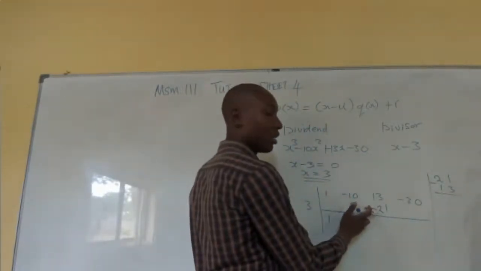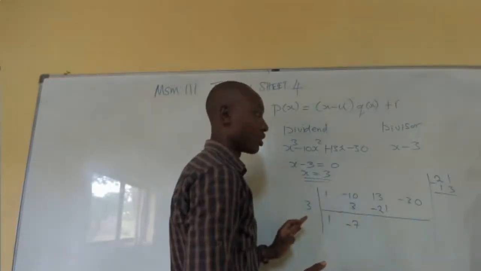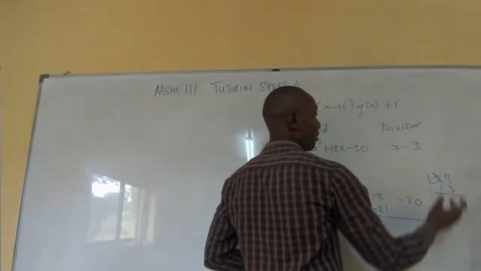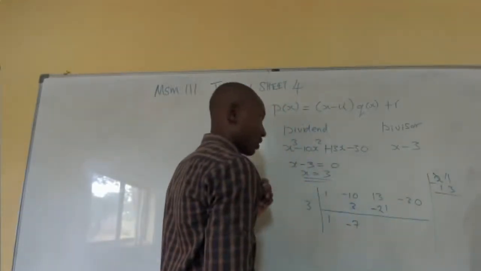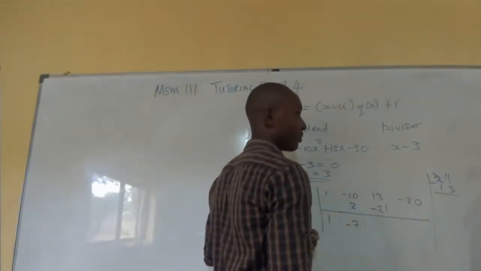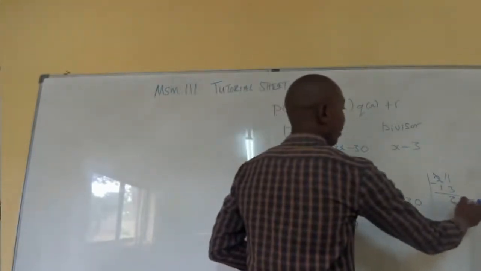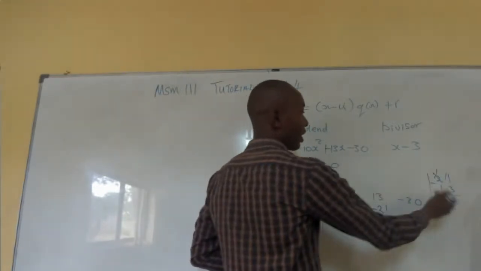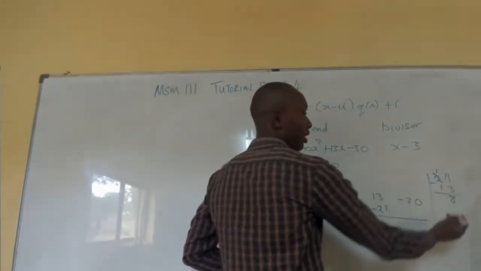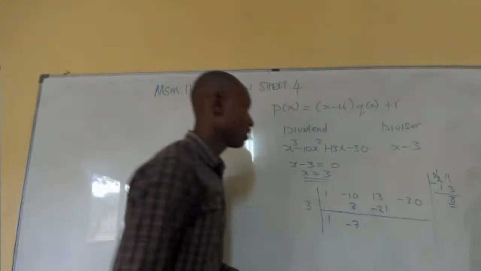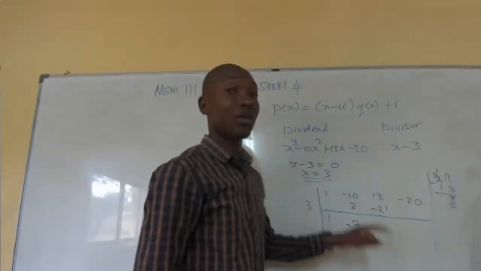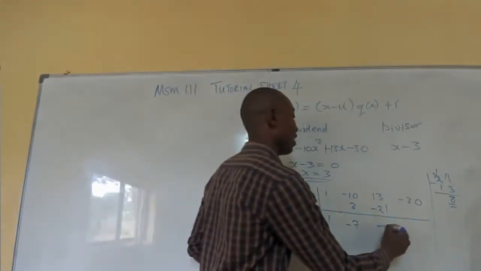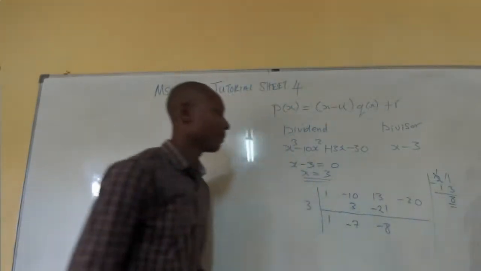The negative 21 is negative and the 13 is positive. So 21 minus 13 is 8. The question is, where is the negative coming from? The negative is with the 21, so this is actually negative 8.